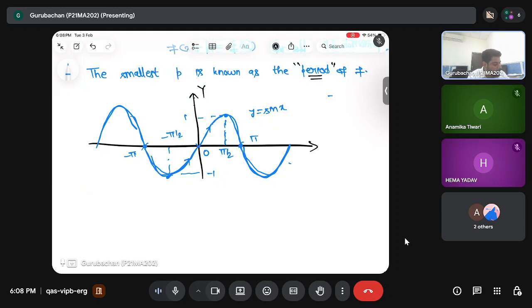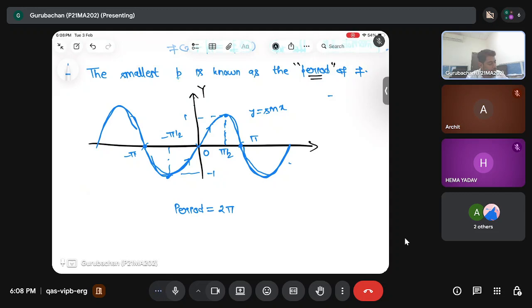So what is the period of sin x? Any guesses? What is the period of sin x? 2 pi. So the smallest number is 2 pi, after which it starts repeating itself.